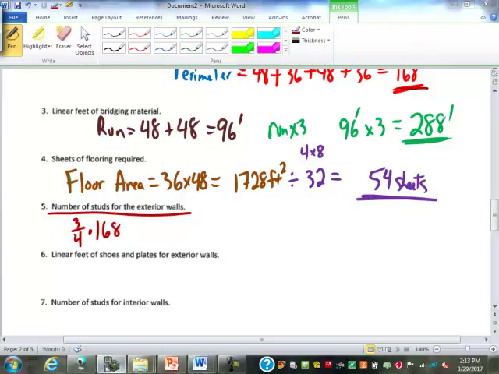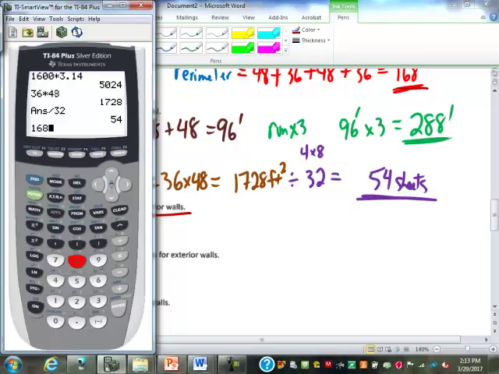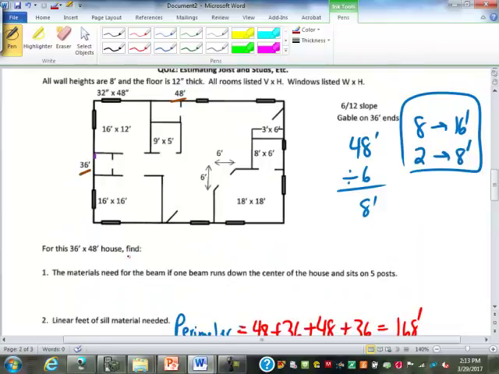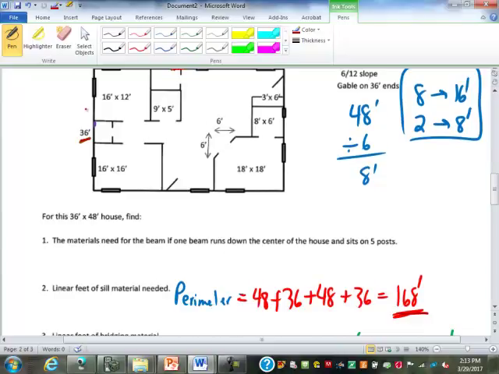So 3/4 times 168 is 126 studs, but then we adjust it. We add 1 for the odd length wall. Well, we have 36 and 48. Are either one of those odd length? No, those are both divisible by 4, so we're okay there. So we don't have to add anything there.